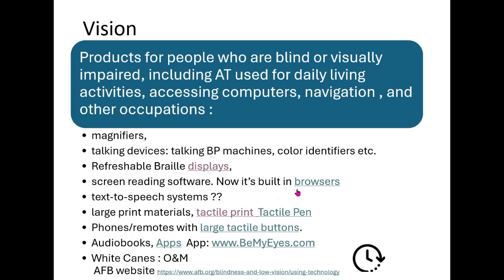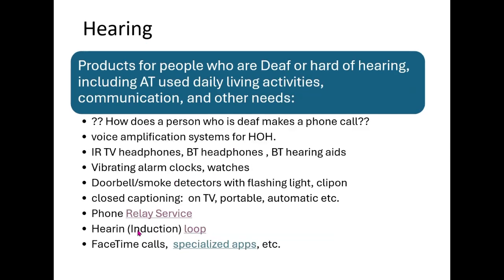So this is some of the technology that is used for low vision and blind people. So there are apps, there are big buttons, there are magnifiers, there's screen reading software, and obviously CCTVs, which I don't have listed here for you, but you saw a picture of that already.